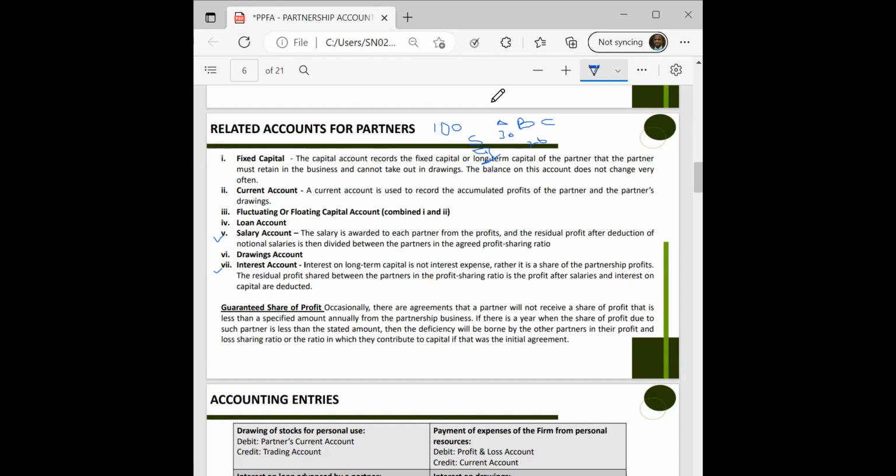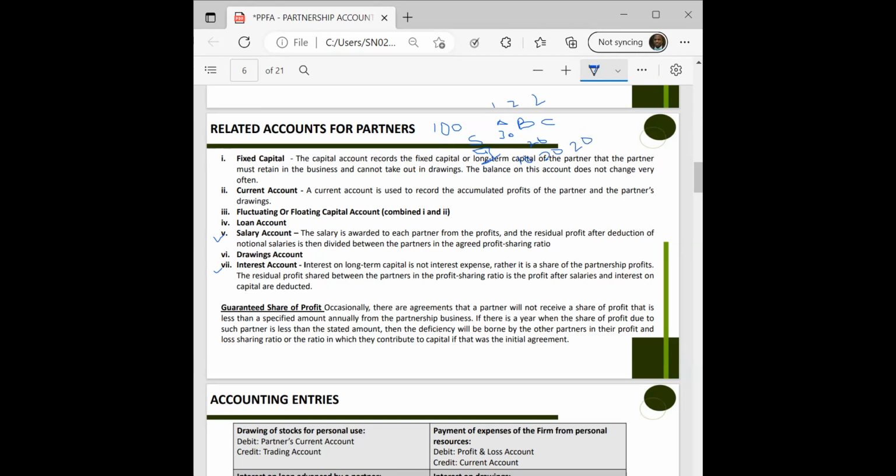If the agreed sharing ratio, for example, is A is 1, B is 2, and C is 2, we are left with 50. So this guy will collect additional 10, and this guy will collect additional 20 as share of the profit, and this guy will collect 20 as share of the profit. We will look at a focused example very soon.